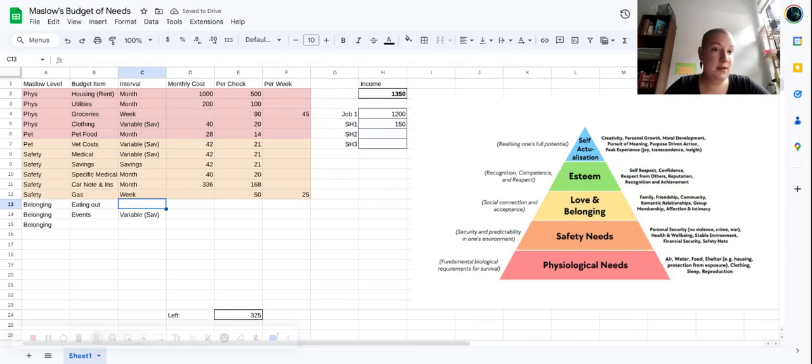Because in one season it might be go to the movies. In another season it might be save up for a more significant festival. It really depends on your lifestyle and your friends and what you do to connect with other people. Eating out. This is something that would be per week.